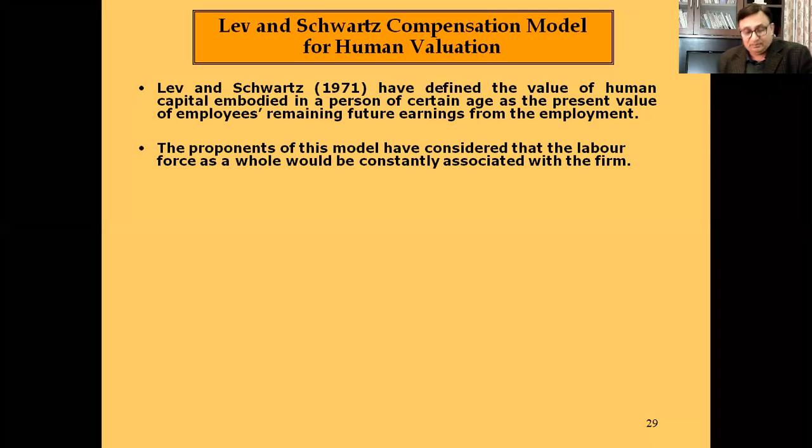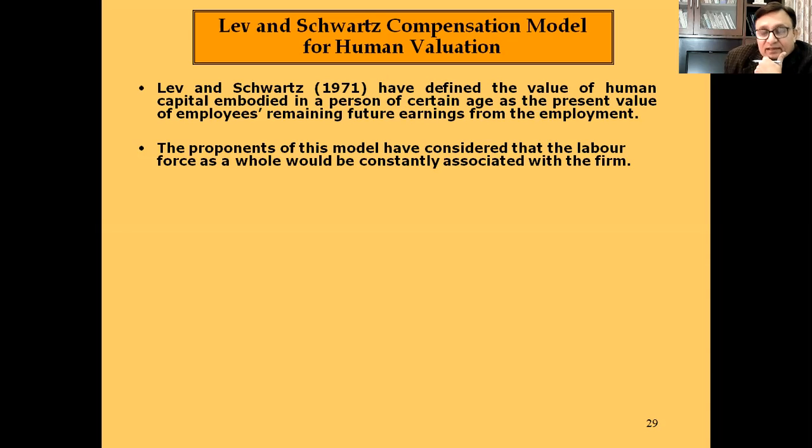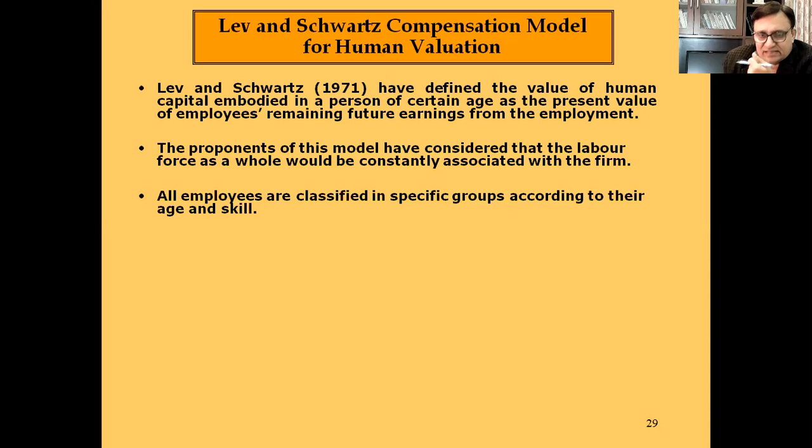So this model has assumed that the person will stay with you. They are not going to leave you in future. All employees are classified in specific groups according to their age and skills. So employees will be classified in different categories as per their age.